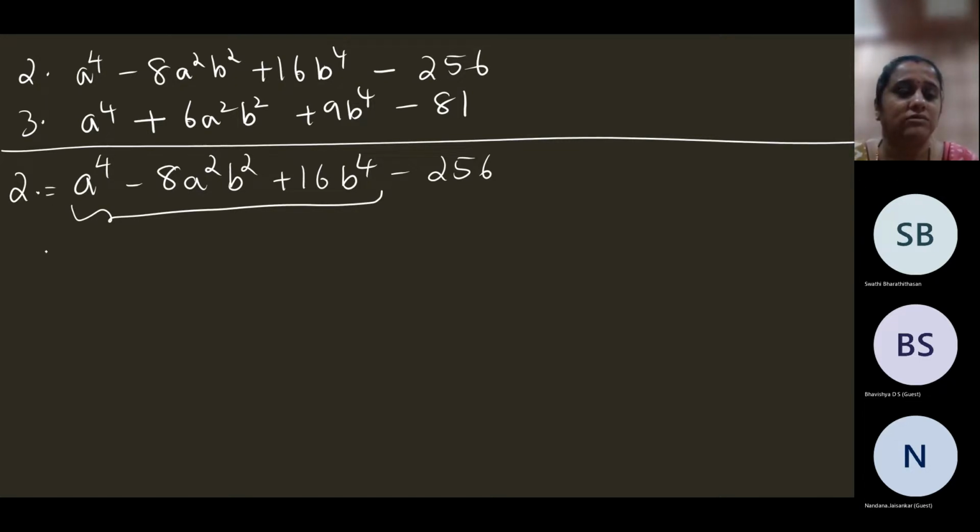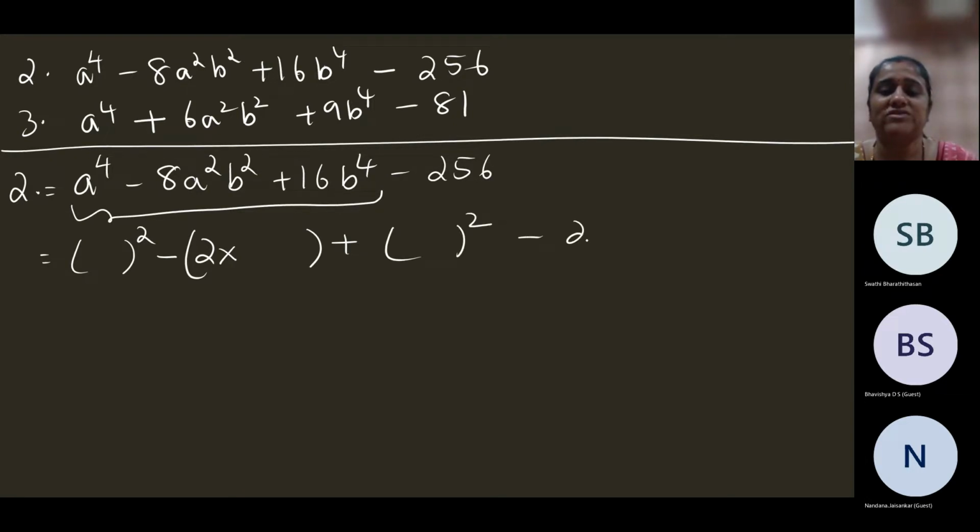So this is of the form x square minus 2xy plus y square, minus 256 as it is. That last term minus 256 as it is.